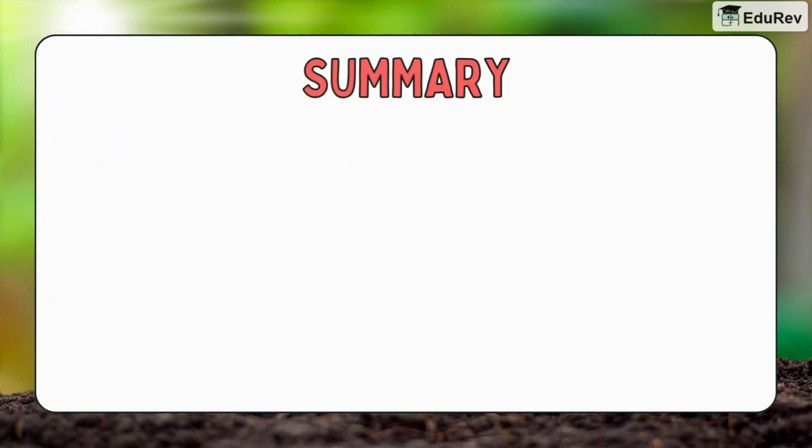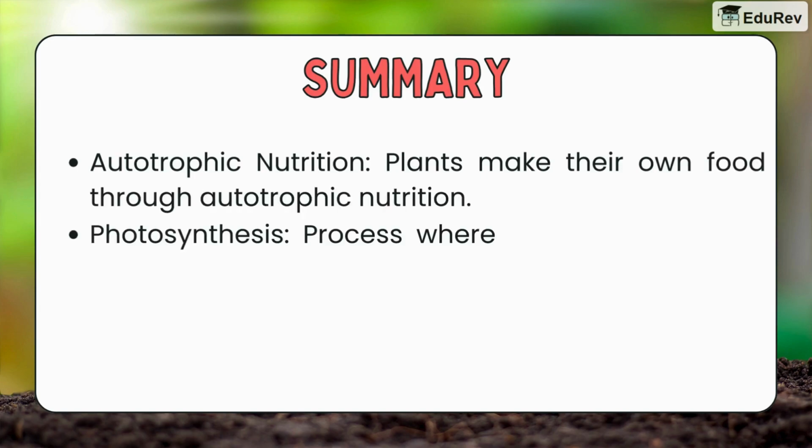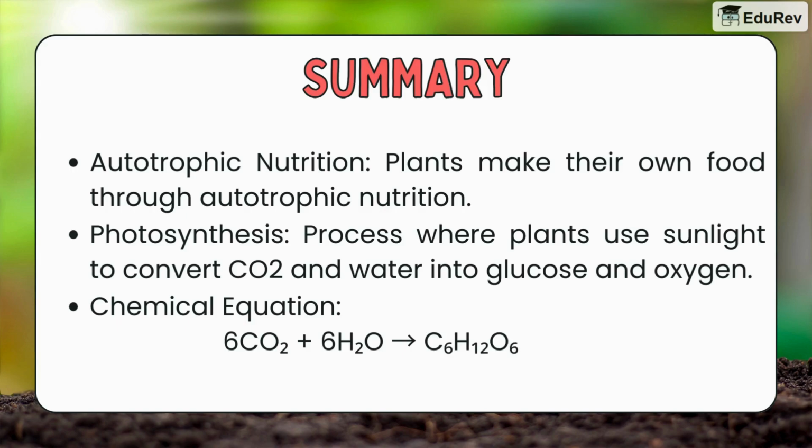So, summarizing the complete video, we studied that autotrophic nutrition, plants make their own food through autotrophic nutrition. Photosynthesis, process where plants use sunlight to convert CO2 and water into glucose and oxygen. Chemical equation, 6CO2 plus 6H2O gives C6H12O6 plus 6O2 in the presence of sunlight and chlorophyll.